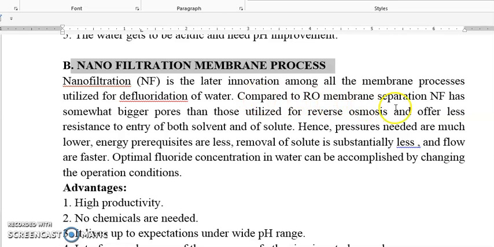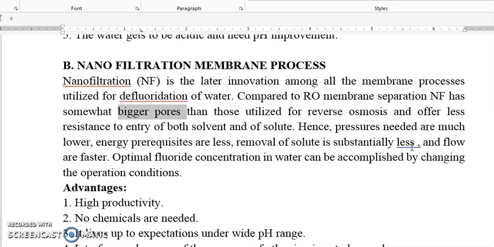Now compared to RO membrane separation, nanofiltration has bigger pores than those utilized for reverse osmosis, right? The membrane has bigger pores and therefore it offers less resistance to entry of both the solvent and the solute. Hence, because of the bigger pores, pressures needed are much lower, energy requirement is less, and removal of the solute is substantially less, right?